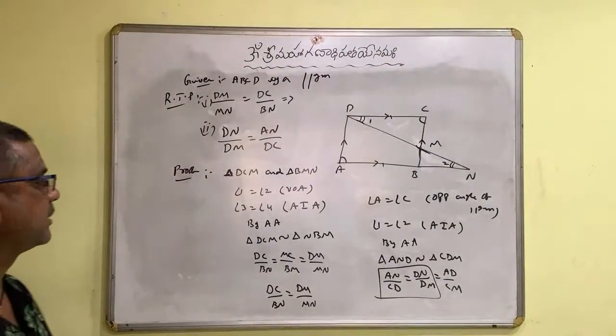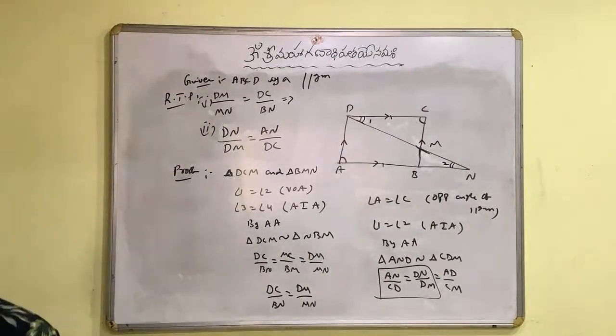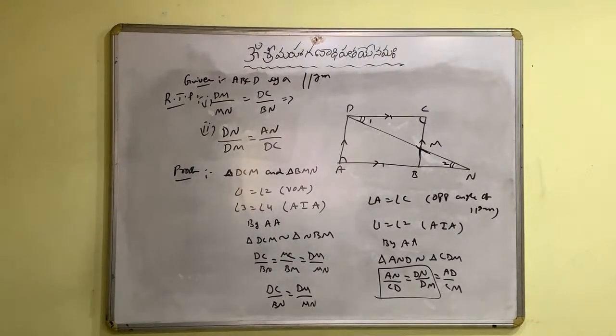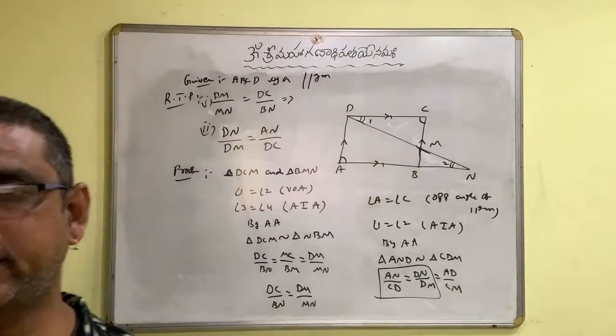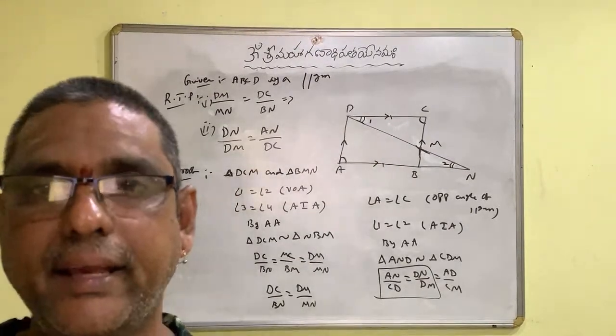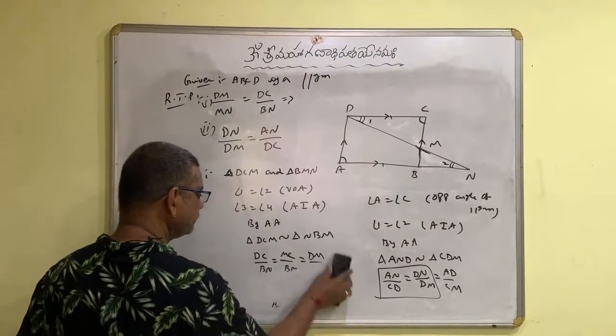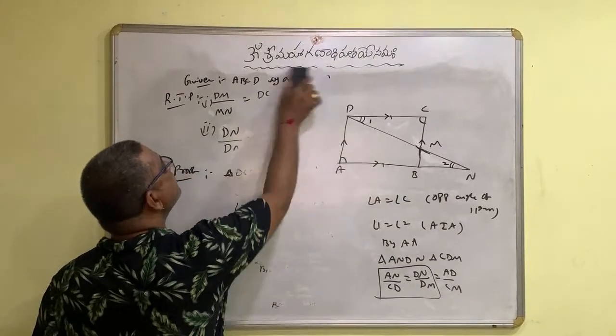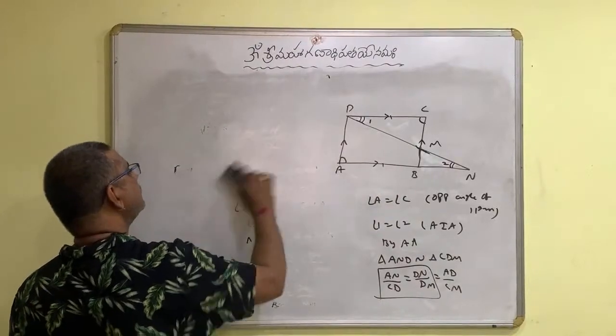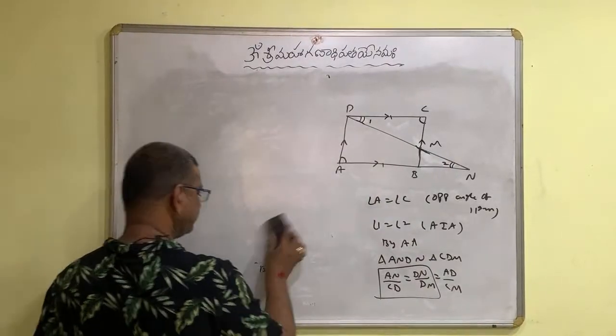DN by DM is equal to AN by CD. Okay? So we can prove this problem in two ways. One basic proportionality theorem, the other one similarity criteria. Okay? Next one.